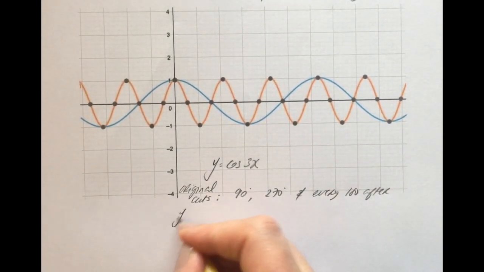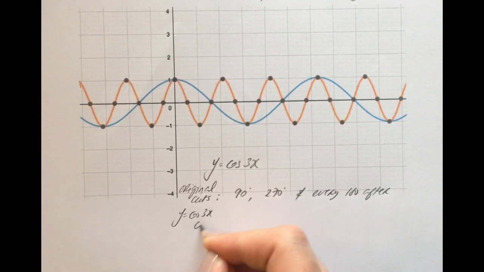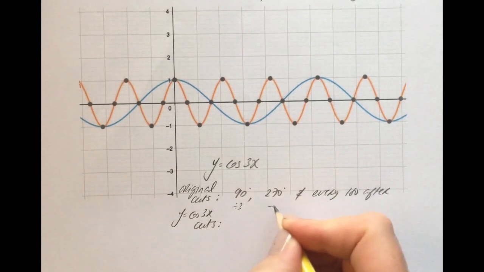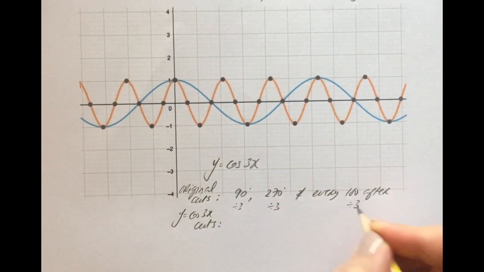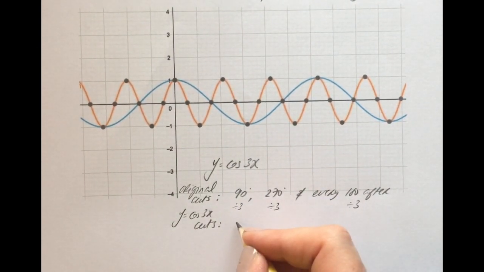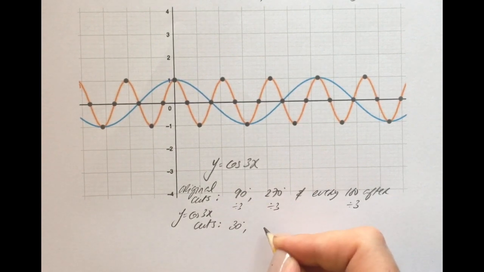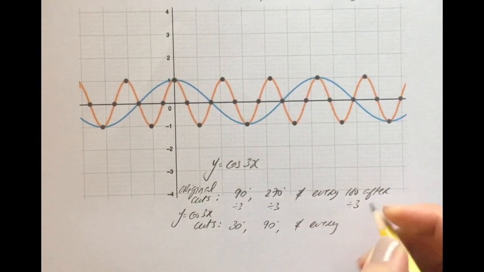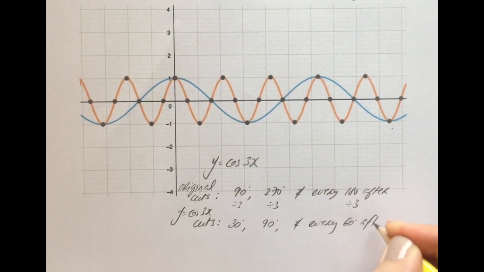So then for the y equals cos 3x cuts, all you need to do then is divide by 3, divide by 3, divide by 3. So we are talking about 30 degrees, 90 degrees, and every 60 degrees after.